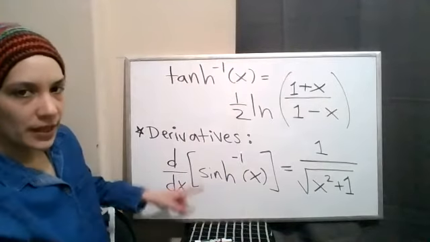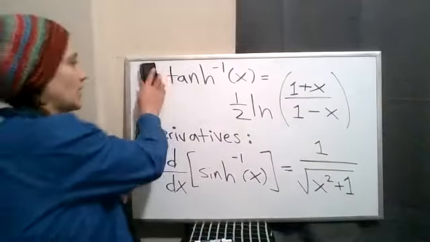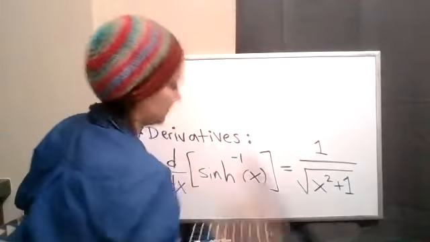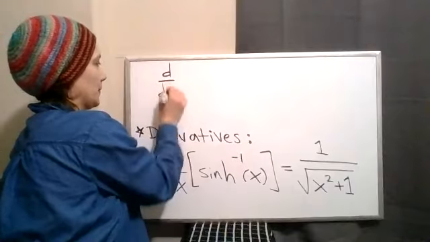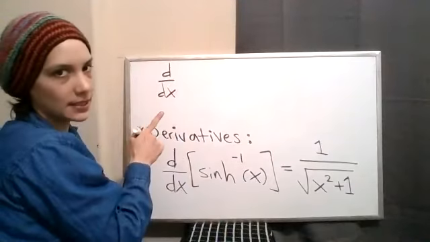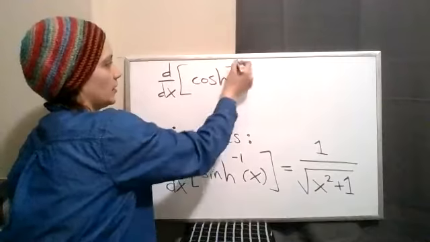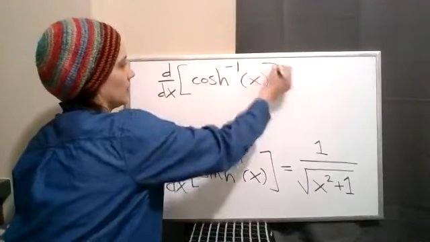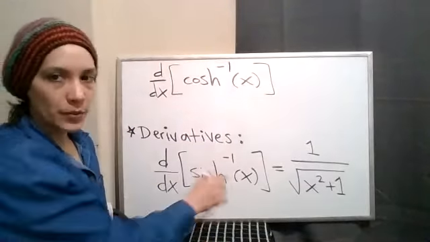Next derivative will be of cosh inverse of x. d/dx of cosh inverse of x is equal to 1 over the root of x squared minus 1.